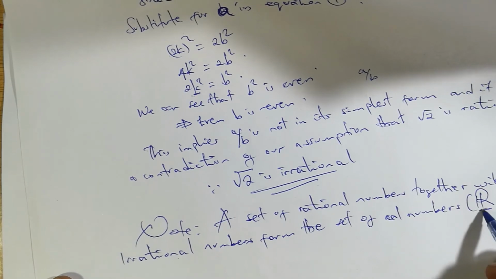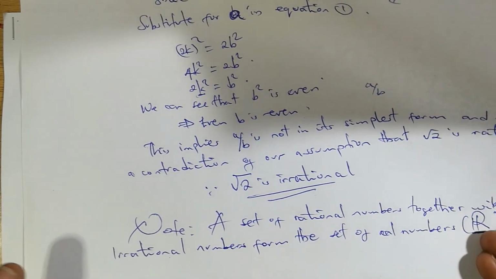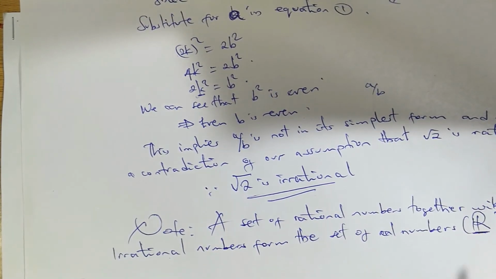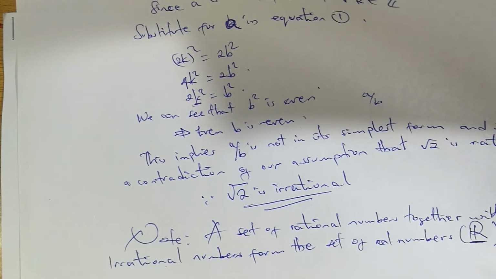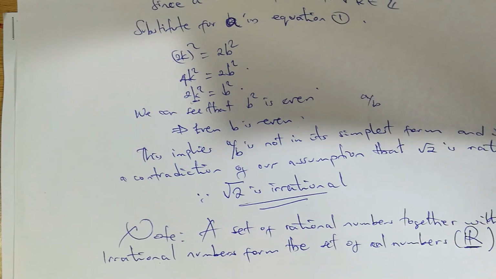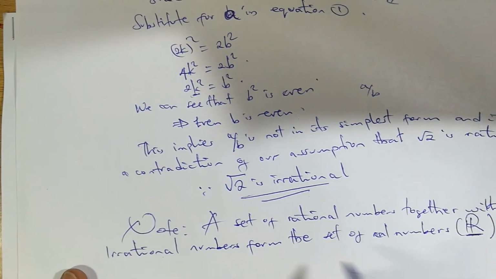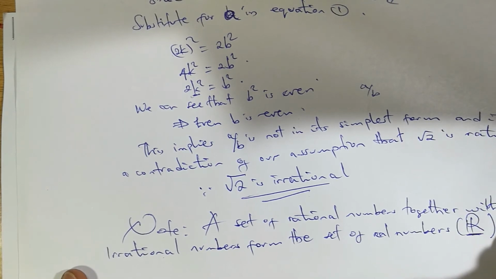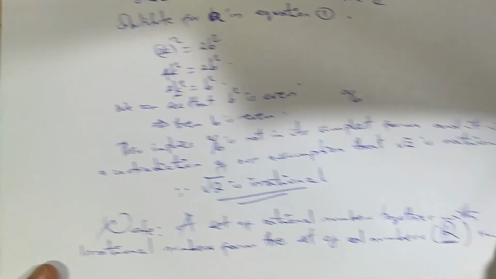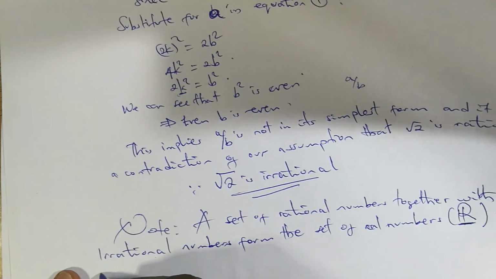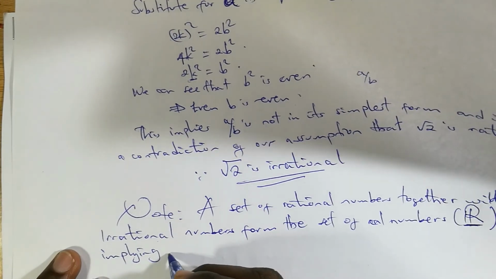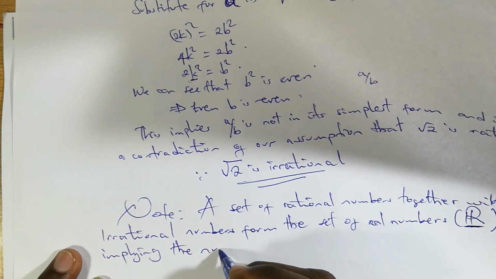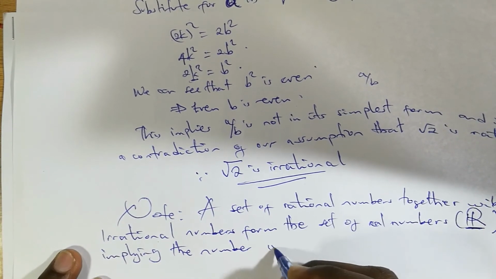And a number line, for it to be complete, must constitute real numbers. So since the rational and irrational numbers completely form the set of real numbers, we can now have our number line complete.